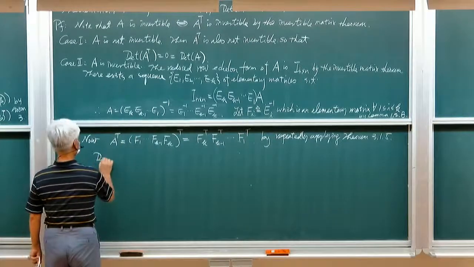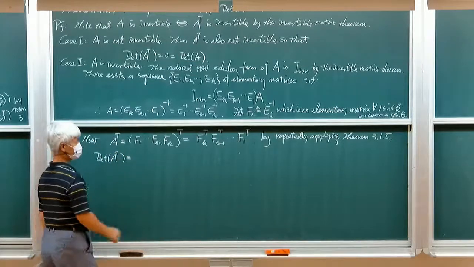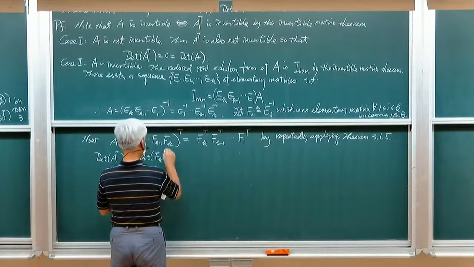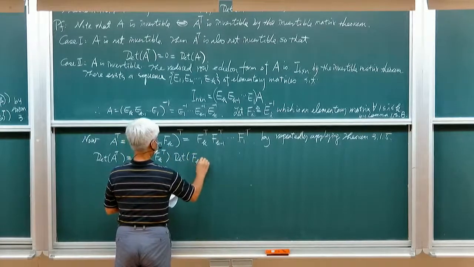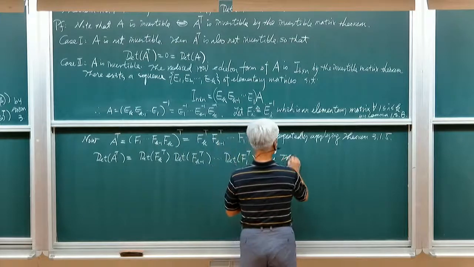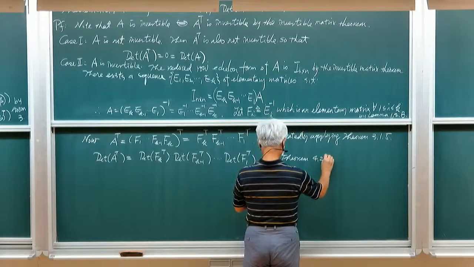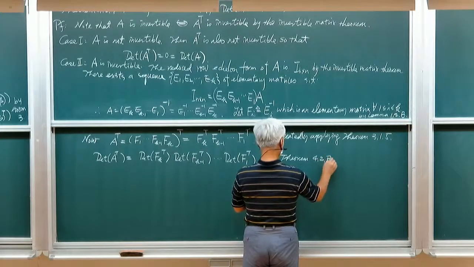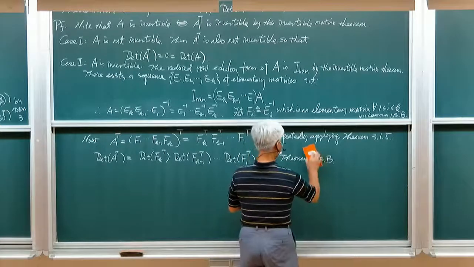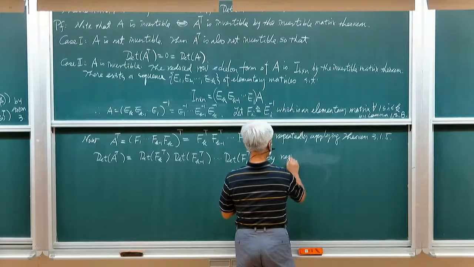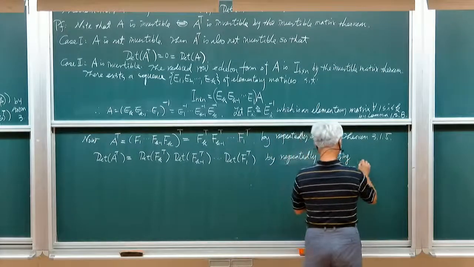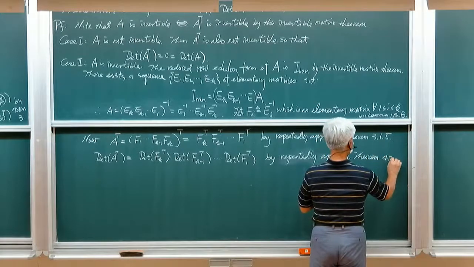All right, so the determinant of A transpose is the product of the determinant of Fk transpose, determinant of Fk minus 1 transpose, and so on, by repeatedly applying the product formula, theorem 4.2.2.